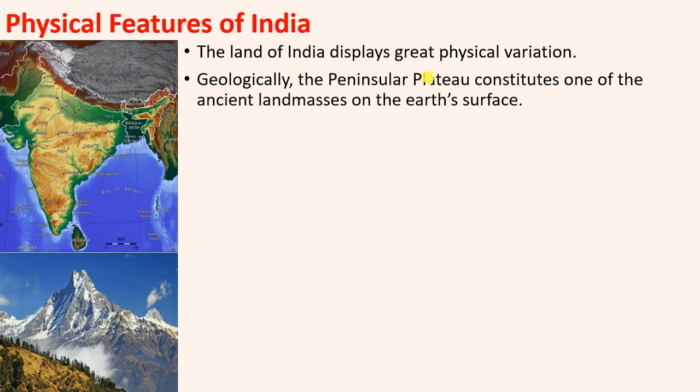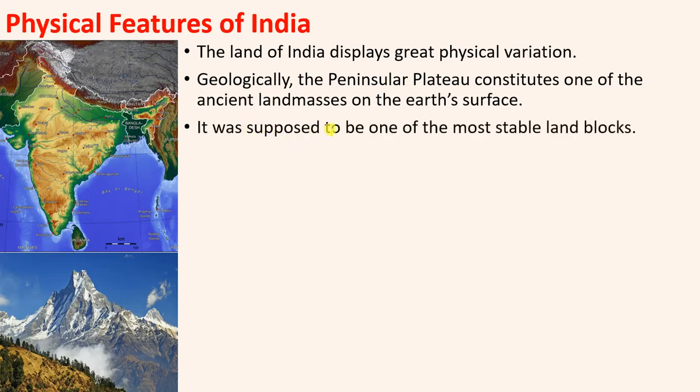Geologically, the peninsular plateau constitutes one of the ancient landmasses of the Earth's surface. This peninsular plateau is known as part of the oldest landmass, that was the Gondwana land.